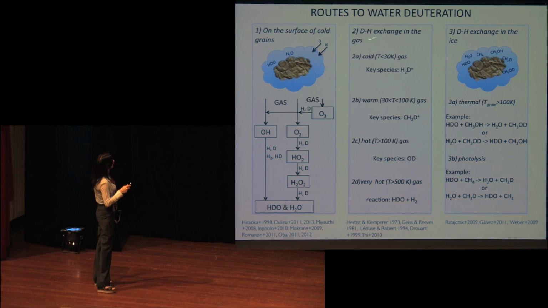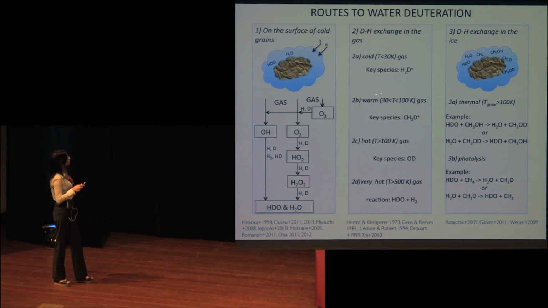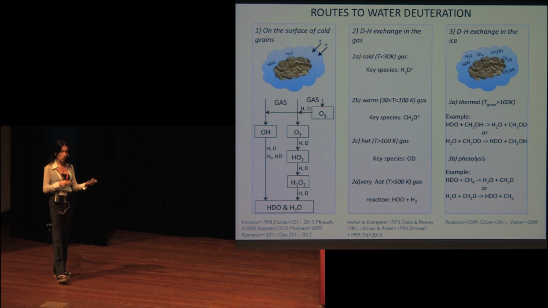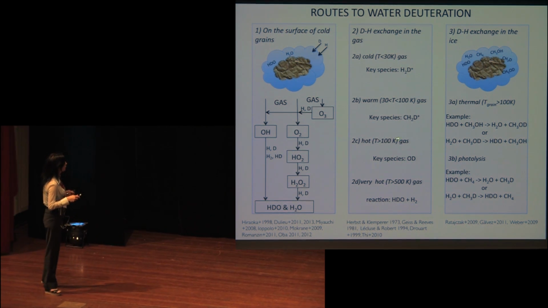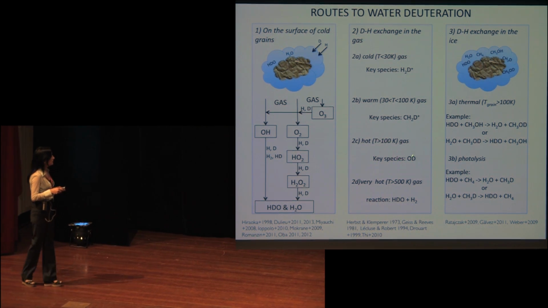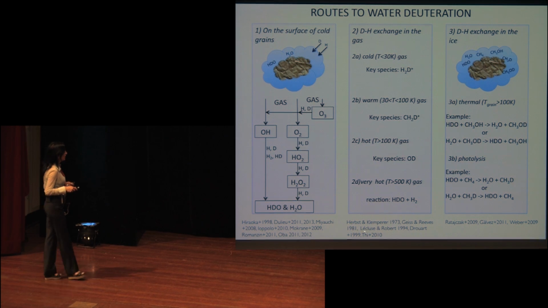In the gas, we have the D-H exchange that can happen both in the cold, through H2D+, and in slightly warmer gas, between 30 and 100 Kelvin, through slightly more exothermic reactions that form CH2D+.